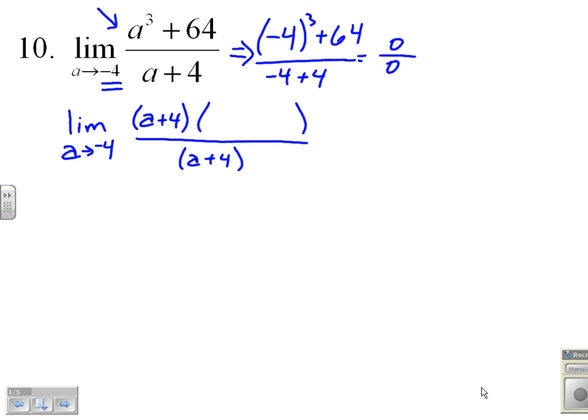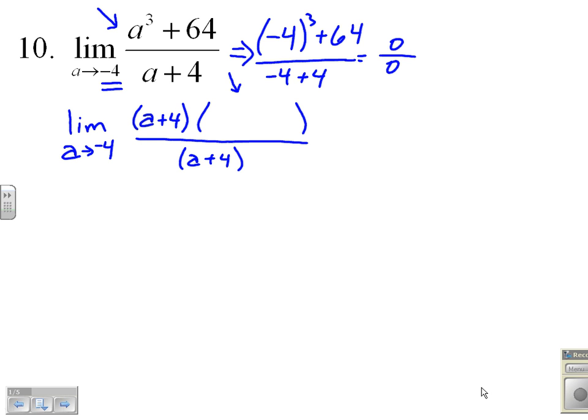So the question may be, how do we come up with this guy? Hopefully you note that my numerator is a perfect cube plus a perfect cube, and we have a process for immediately finding the factors of that, one of those apparently being a plus 4.